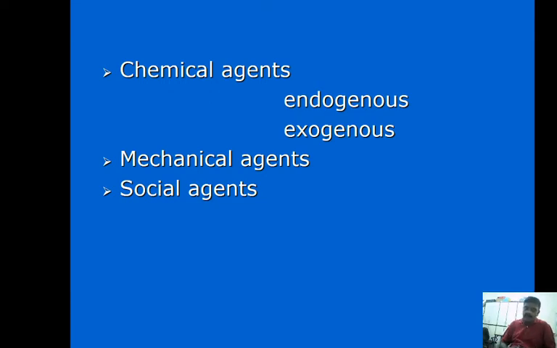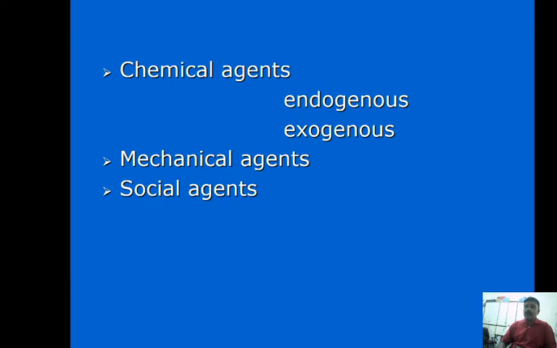The recent Vizag gas leak is an example of an exogenous chemical agent, which caused problems and some people died. Mechanical agents are again crushing injuries or road traffic accidents, high-speed impact, which is a cause of mortality. Social agents are multiple.